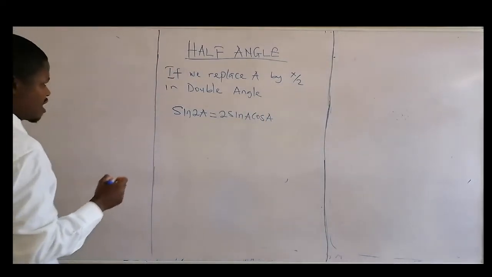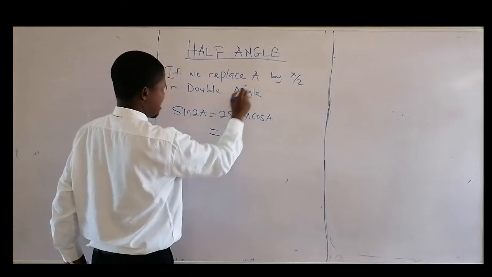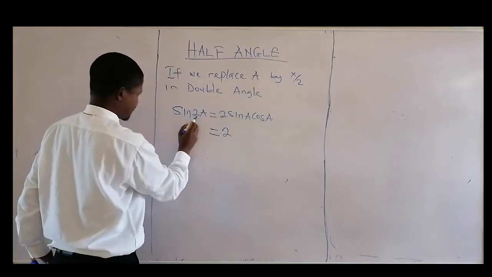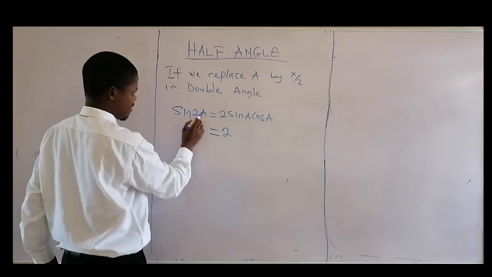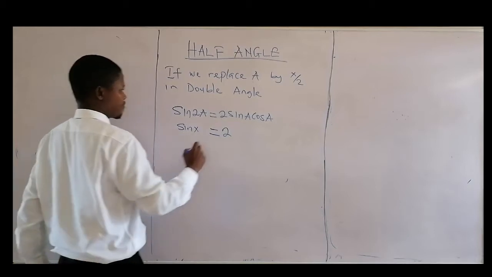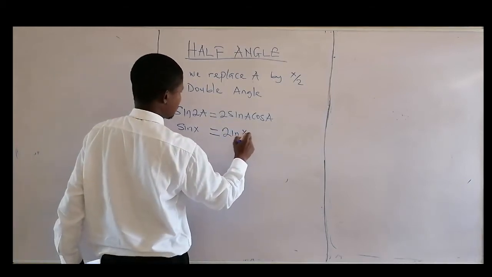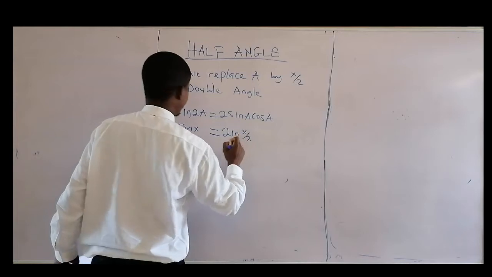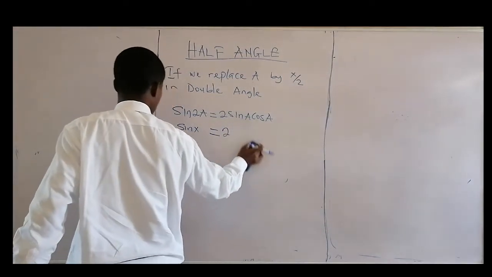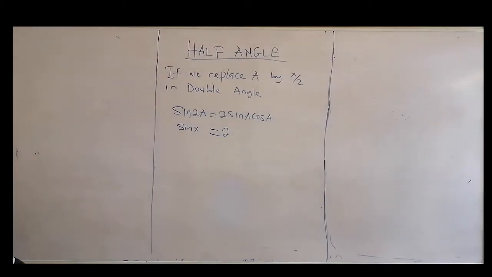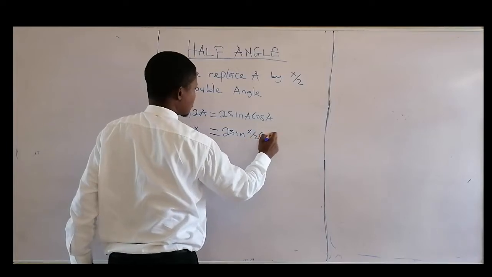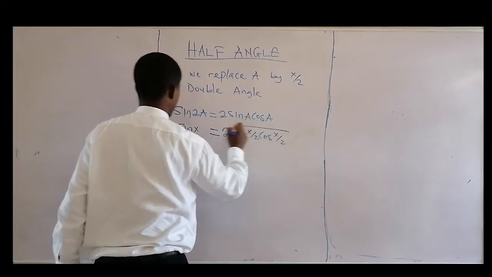So that will now become, if a is being replaced by x over 2, so you have 2, and this one will become what? 2 times x over 2, that's sine x, equal to 2 sine x over 2 cos x over 2.